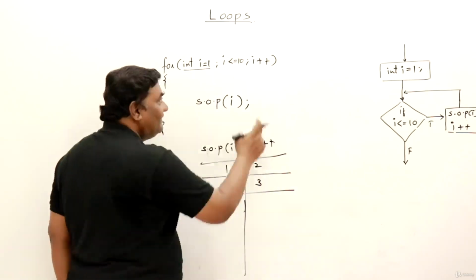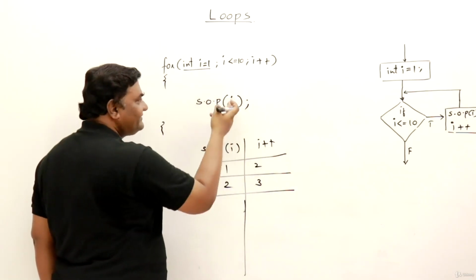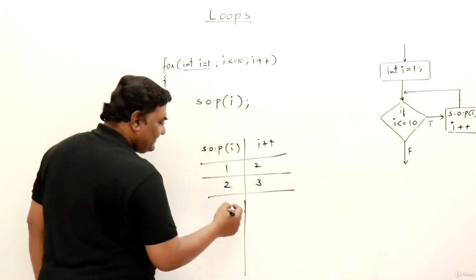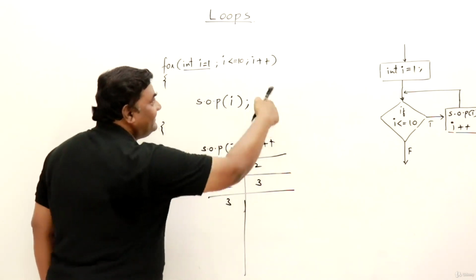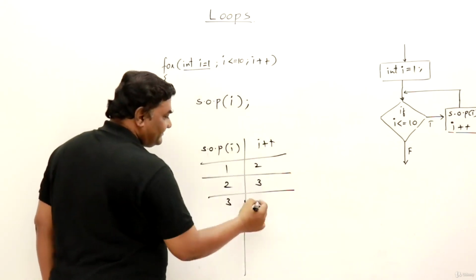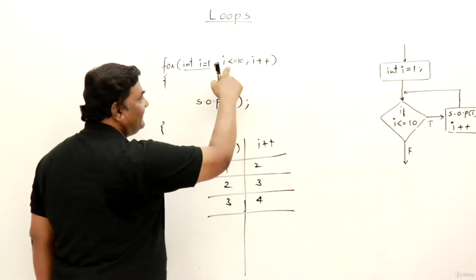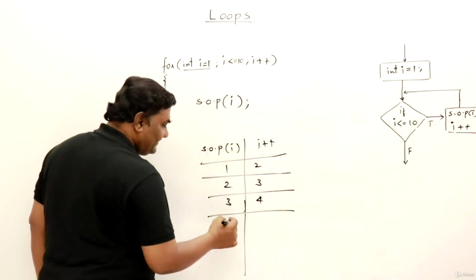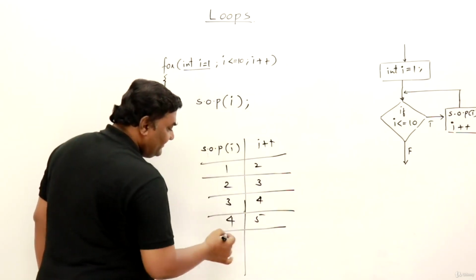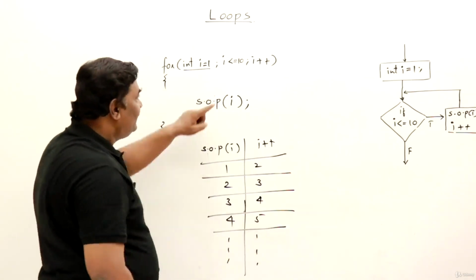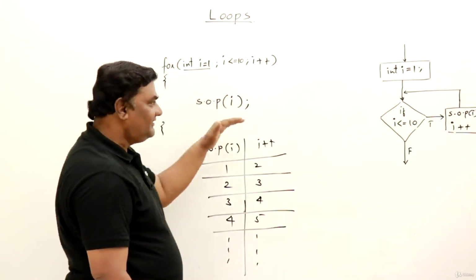Then it becomes 3, and the condition is checked again. It is less than 10, so it will print 3. Then it goes back, i++, i becomes 4. 4 is less than 10, so it prints 4, then makes 5 and so on. It will print up to 10. At i equal to 11, it will stop.